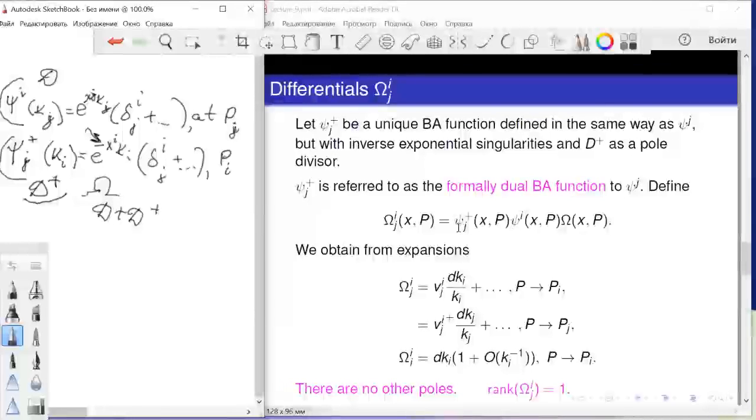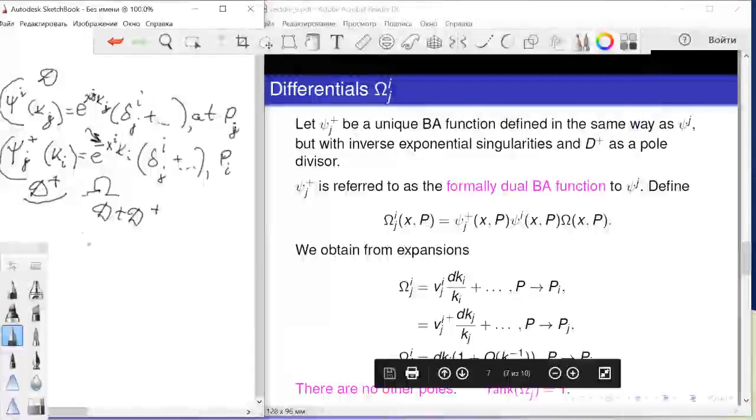It obviously follows from the expansions that omega_ij has V_ij as residues. Let me note the following.